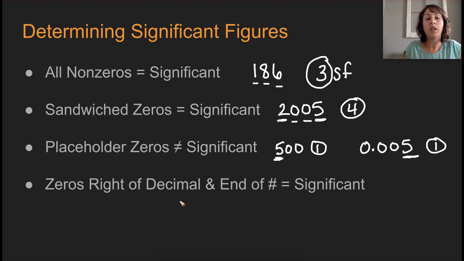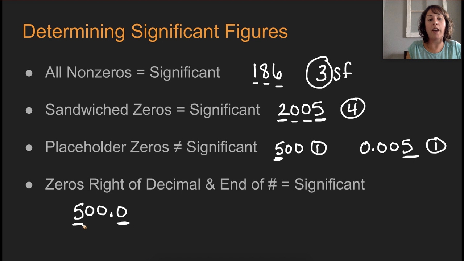Now, we do have cases where we have zeros right of the decimal and at the end of the number where they are significant. So let's take a look at a couple of these examples. So here we have 500.0, okay? Now, it's the same number as we had up here, but now we have a 0 that's right of the decimal and at the end of the number. That makes this one significant.